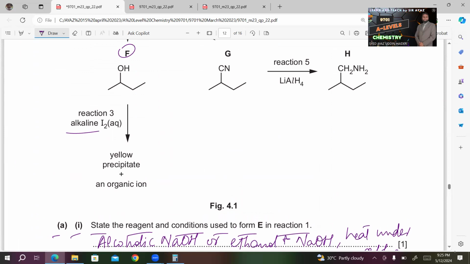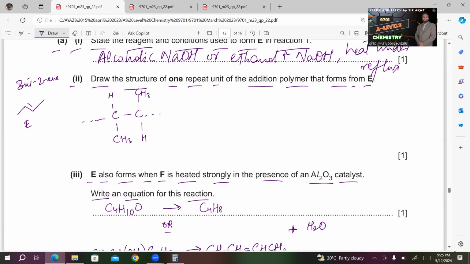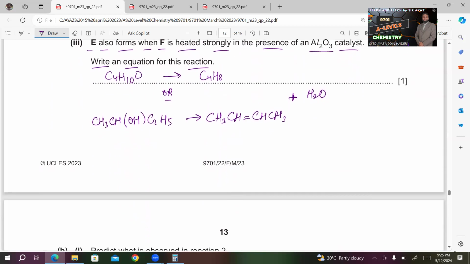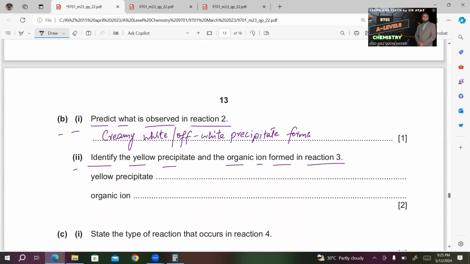The yellow precipitate must be iodoform, CHI3, which you can also call triiodomethane.